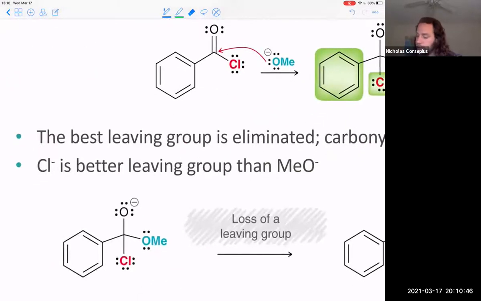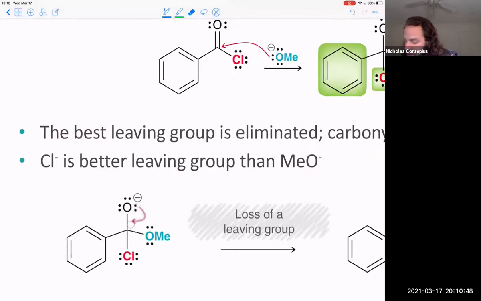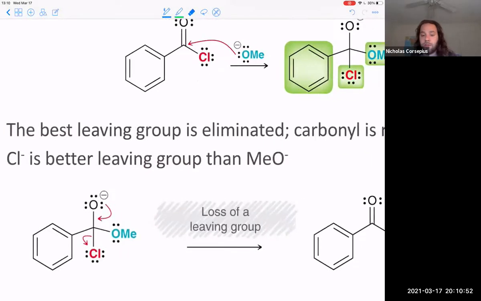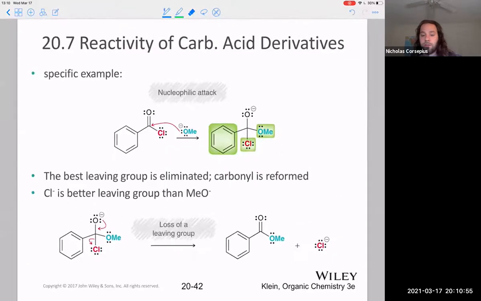Is there a good leaving group? In this case, there is. So that's going to kick off that chloride ion, leaving us our ester. Notice that I very easily converted a more reactive functional group, the acyl chloride, into a less reactive functional group, the ester.